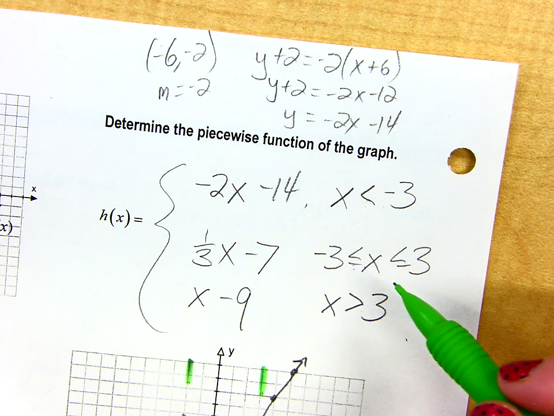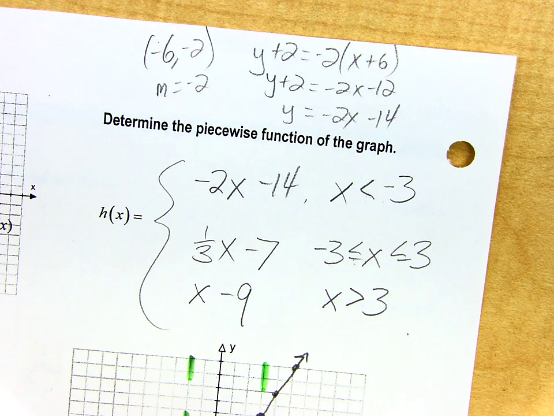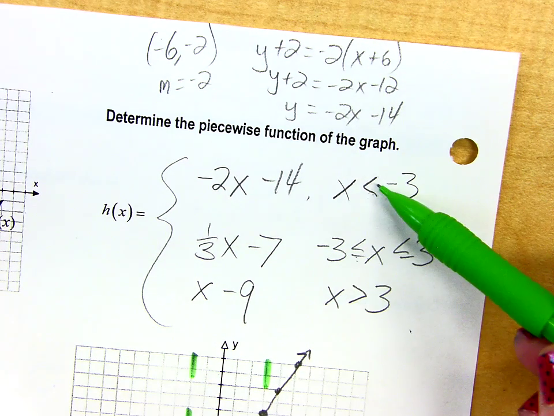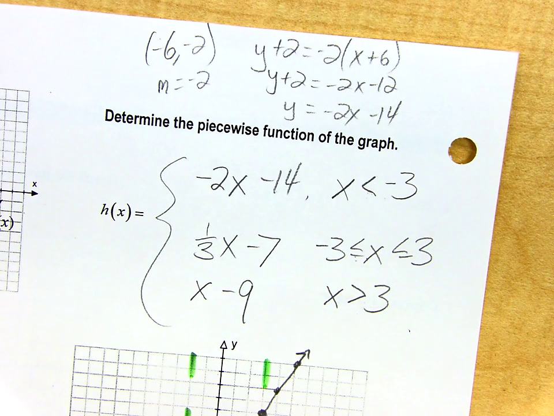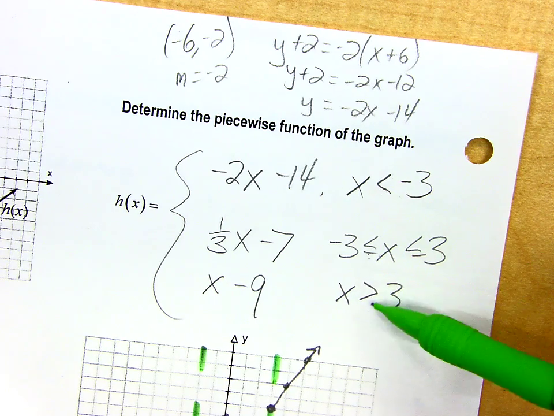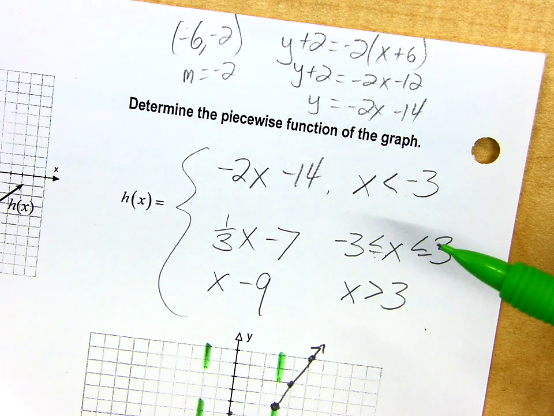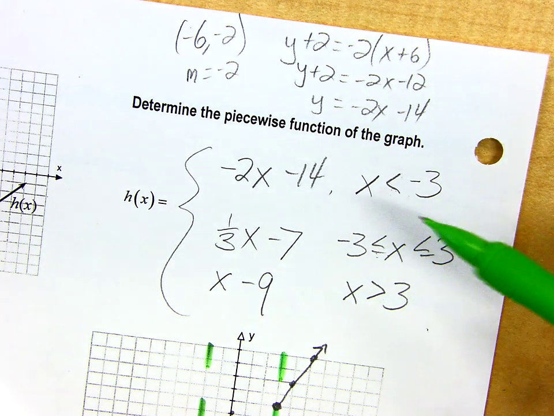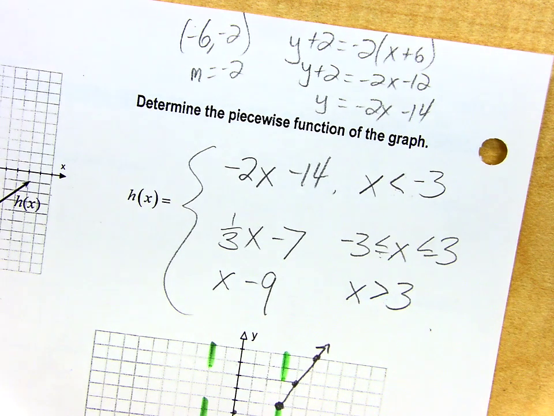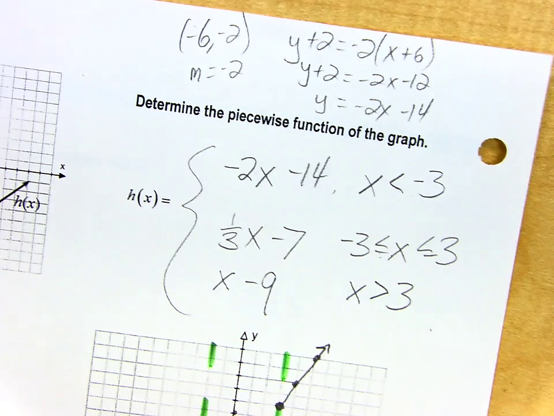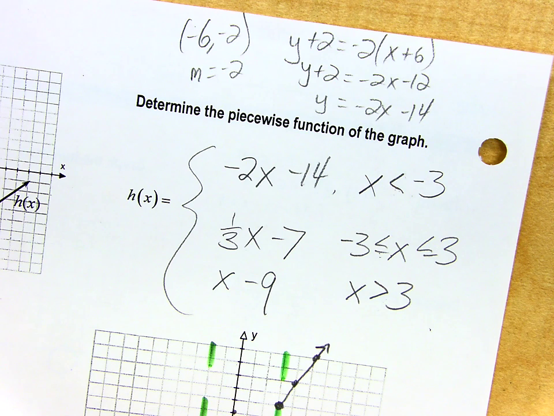But if you plug in negative 3, it should only go in either the top, the middle, or the bottom. When you plug in positive 3, it should only go in one of these three, not multiple. Does that make sense? So you just look on yours. There's not one right answer for that when you have an overlap, because who knows which one it was.